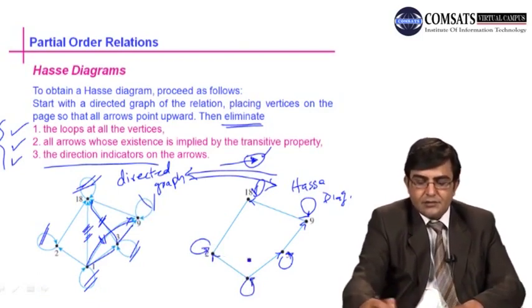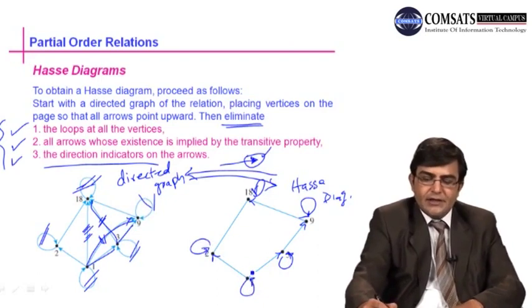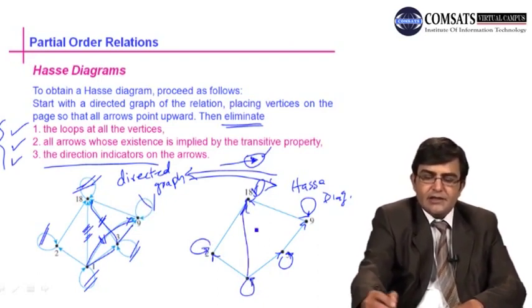So 1 is related to 2, 2 is related to 18, so 1 must be related to 18.